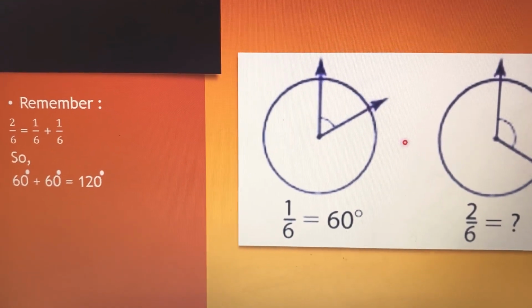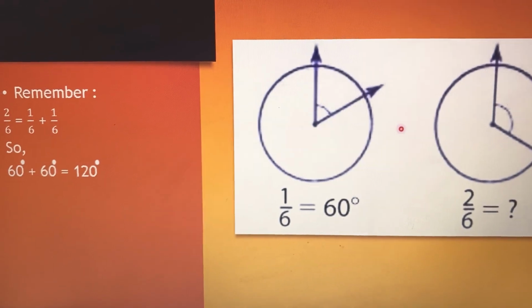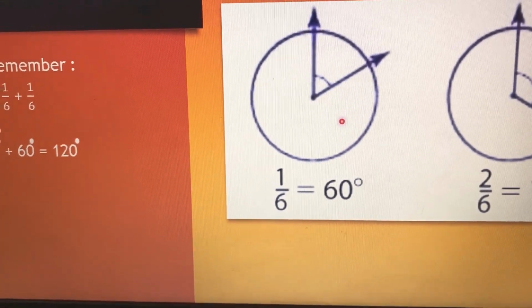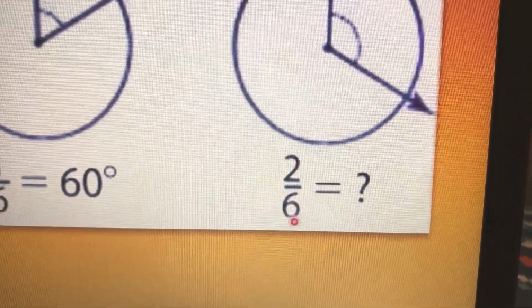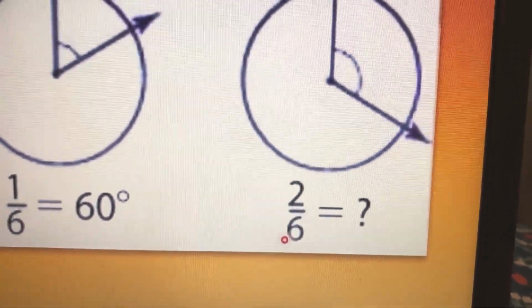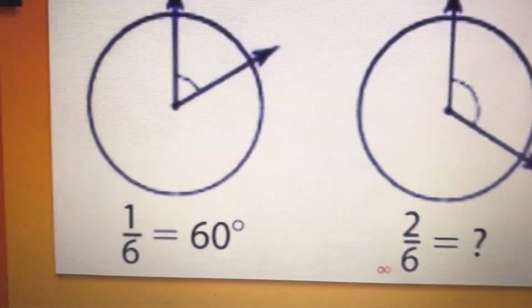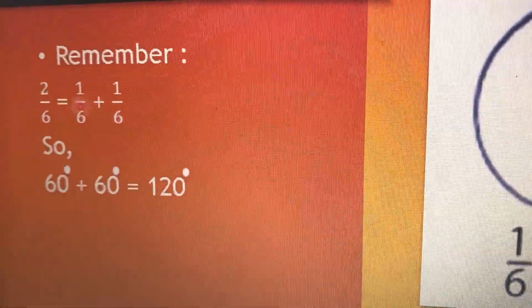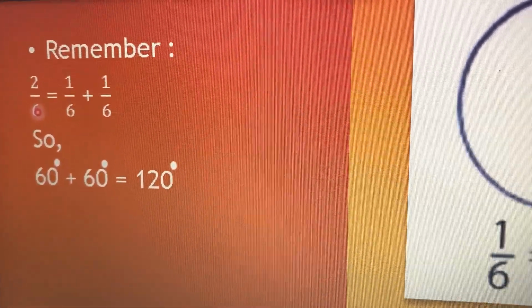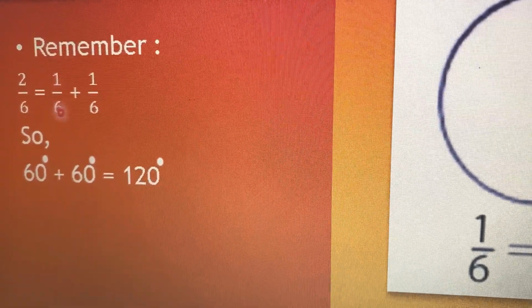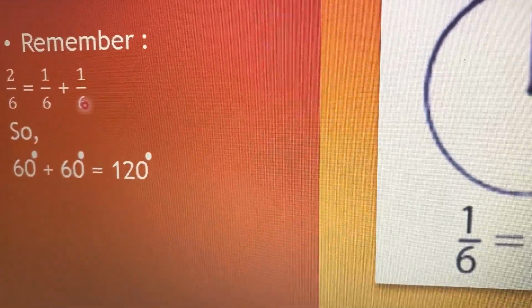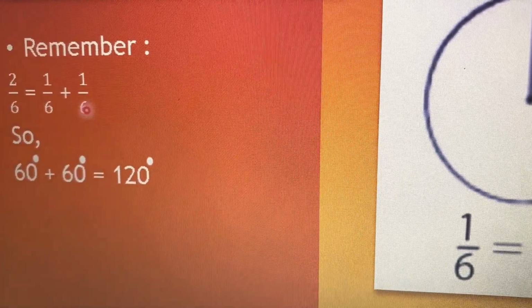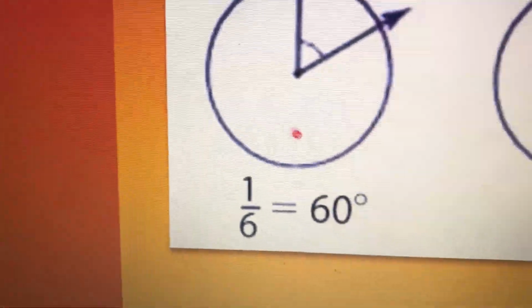Okay, look at this smart question. What if I have two units of a fraction? Remember that 2/6 equals 1/6 plus 1/6. So I have 2 unit fractions.